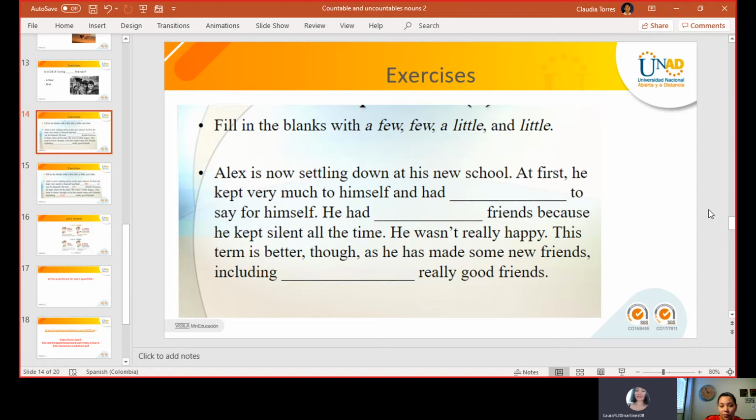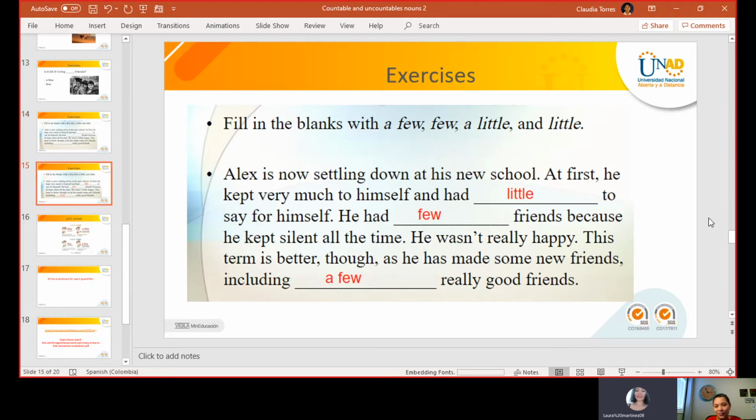Ah, no, mentiras. He had few friends because, ¿sí? Yes or no? Look at this. Perdí todas. Bueno, la de few, sí.